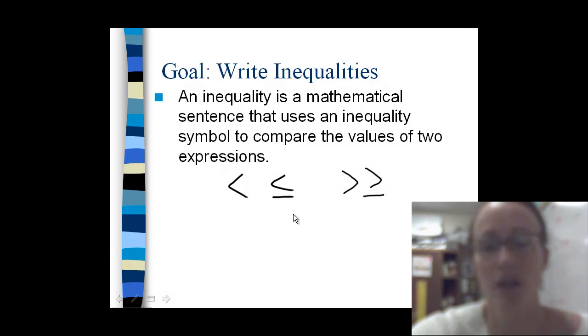All of these symbols are used to compare what comes before them with what comes after them. So if we're going to write b is less than 4, we're going to replace the words is less than with one symbol.